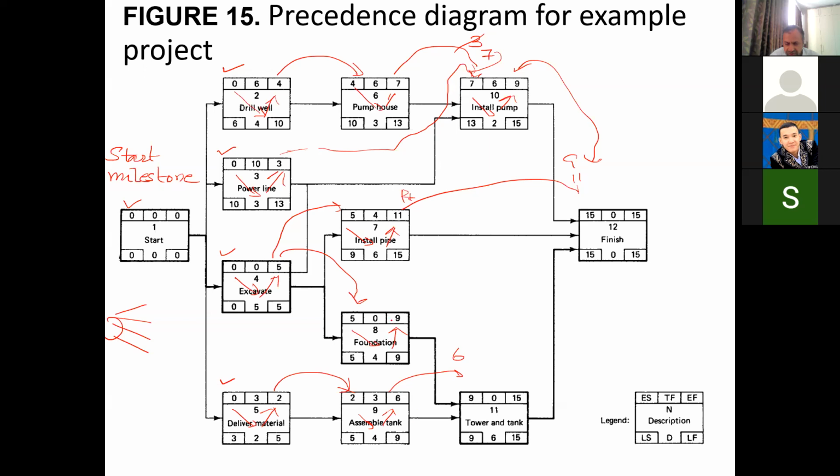And from here, it will be 9. Out of 9 and 6, we will take 9. 6 will not be taken. The higher value we take. So 9 plus 6 is 15. And then this 15 will go here. Out of 9, 11, and 15, you will take 15. So 15 plus 0 is 15.